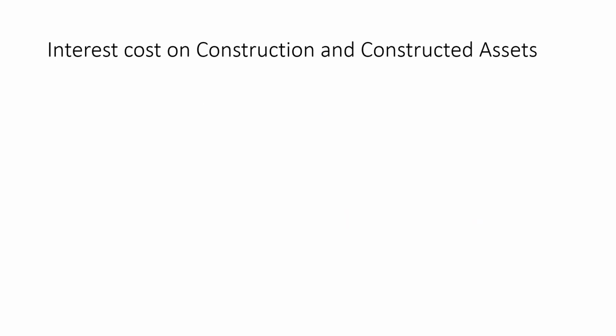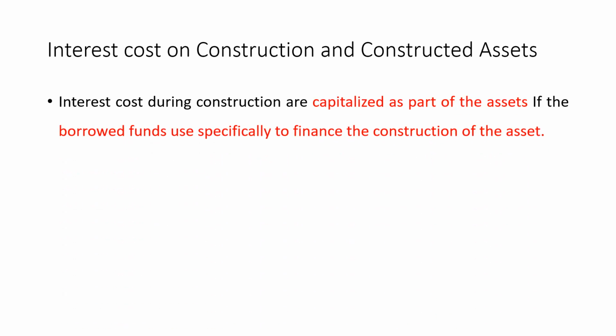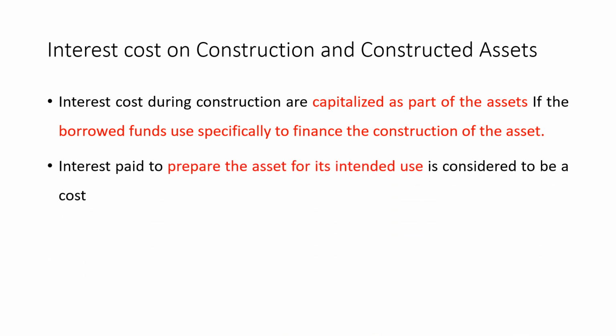Now, let's see how we are going to record the interest cost on constructed assets. Interest costs during the construction are capitalized as part of the asset if the borrowed funds are used specifically to finance the construction of the asset. The interest paid to prepare the asset for its intended use is considered to be a cost.